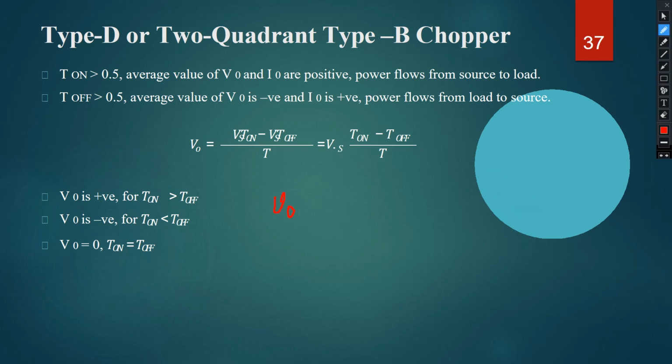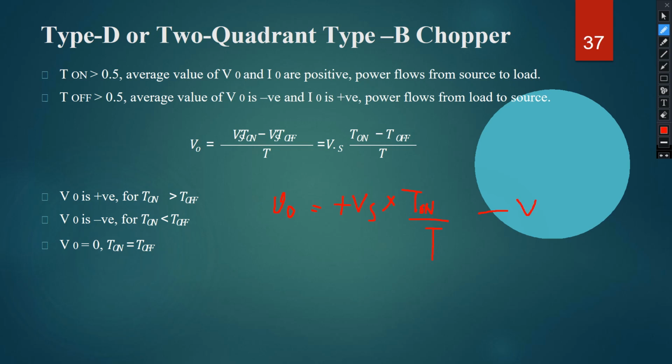So V0, what will be the value? It will be a positive value when it is on for a particular time, but it will be a negative value because power is returning back to the source.